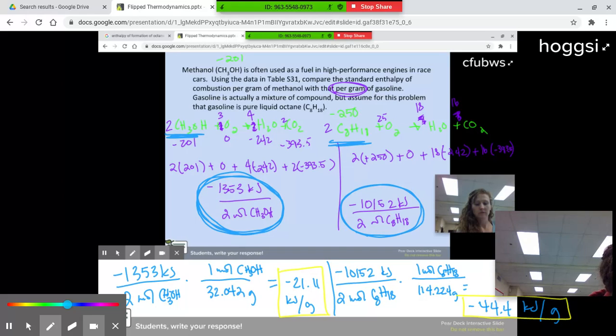So with octane, cars can actually carry less fuel for the same amount of energy. And so it would make for a lighter car, which is better for racing, right? It's a negative enthalpy of combustion, it's going to release heat. And we see here that octane releases more heat per gram than methanol.